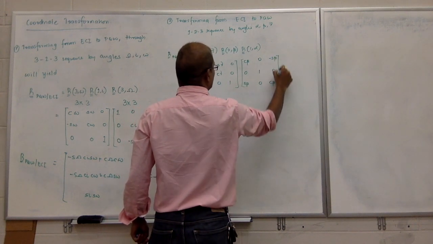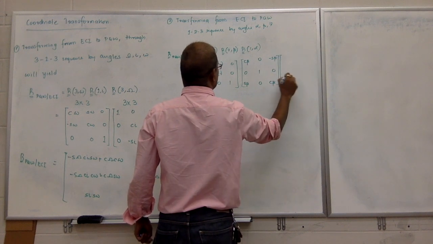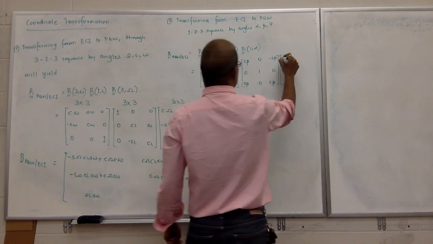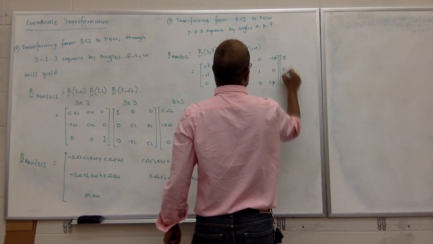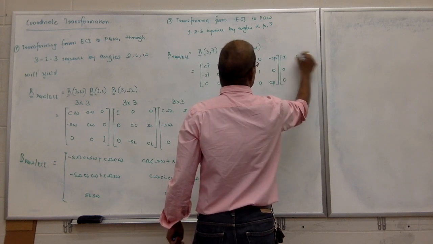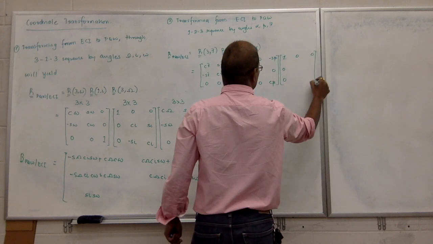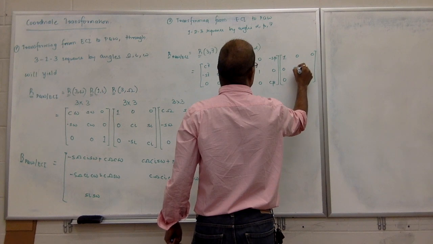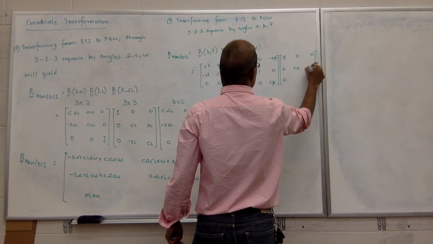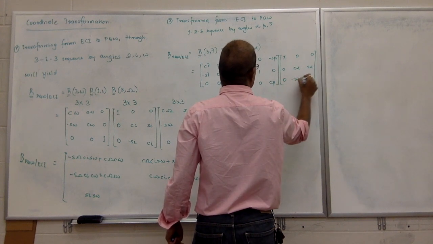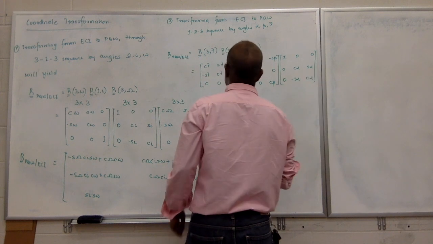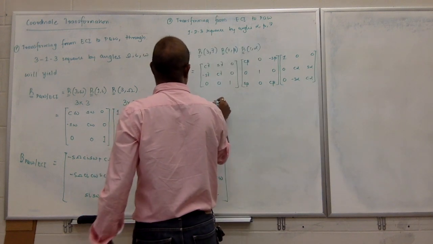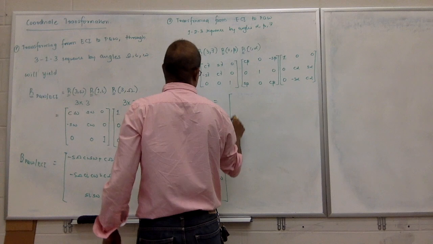And then the final one is 1, 0, 0, and then you have cosine alpha, sine alpha, minus sine alpha, cosine alpha.